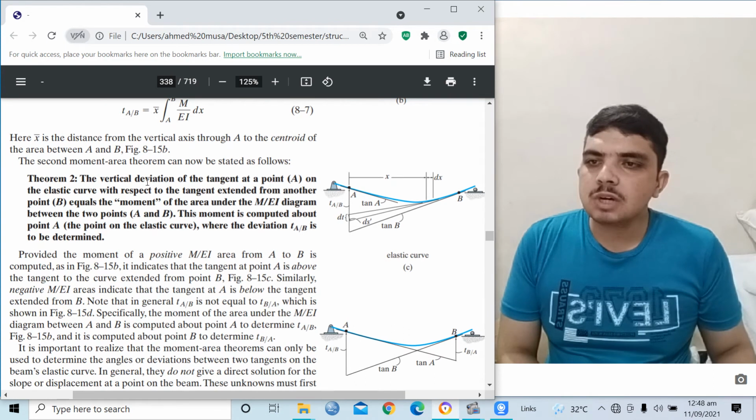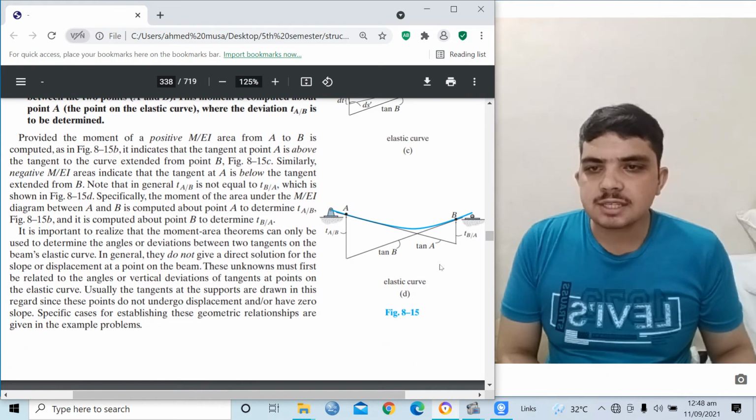Theorem number 2. The vertical deviation of the tangent at point A on the elastic curve with respect to the tangent extended from point B is equal to the moment of the area under the M by EI diagram between the two points. This moment is computed about point A, the point on the elastic curve where the deviation of tangent AB is to be determined.